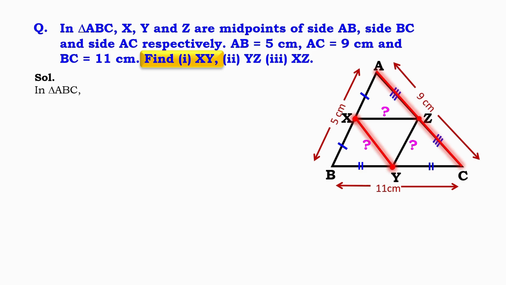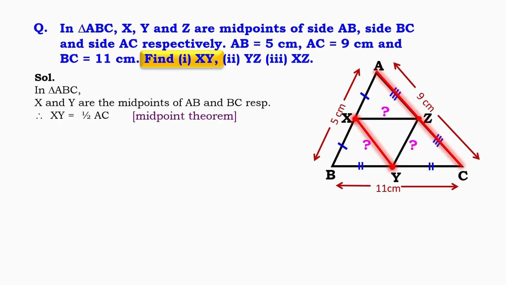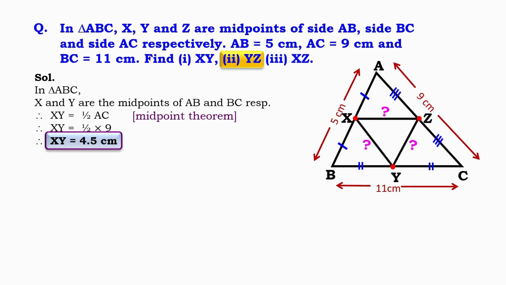So according to the midpoint theorem, since X and Y are the midpoints of AB and BC respectively, XY will be half of AC. AC is already given, so half into 9, that is 4.5 centimeter.